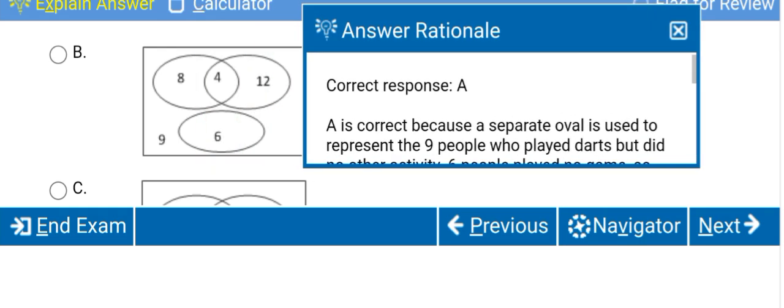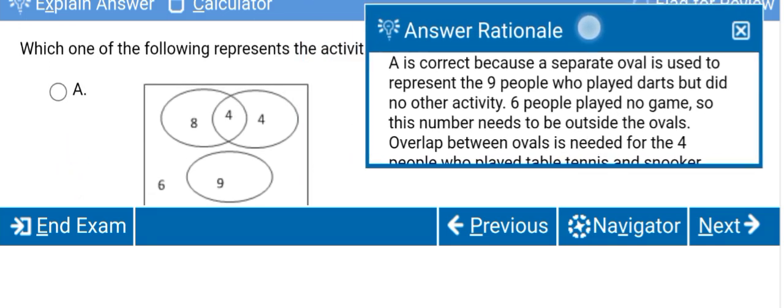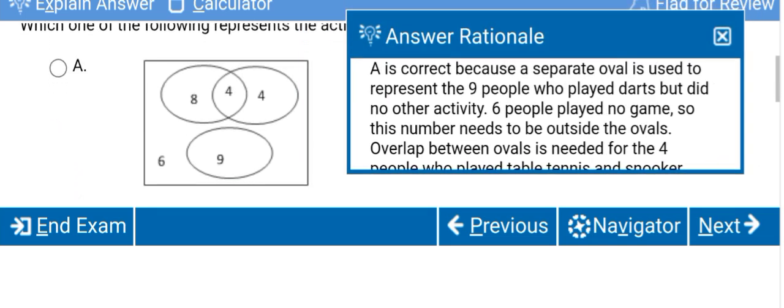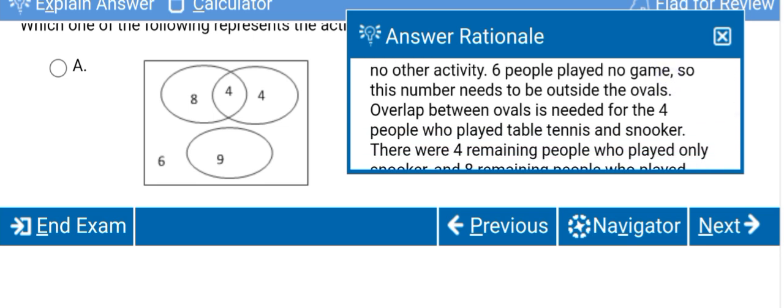So the correct response is option A, this diagram. It is correct because a separate oval is used to represent the 9 people who played darts but did no other activity. 6 people played no game, so this number needs to be outside the ovals.